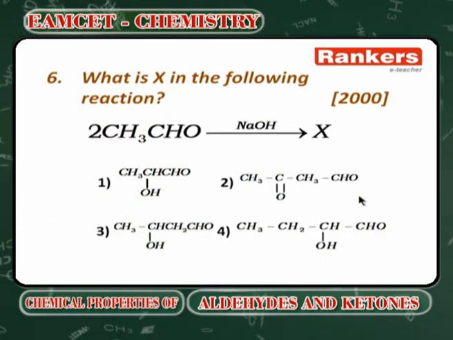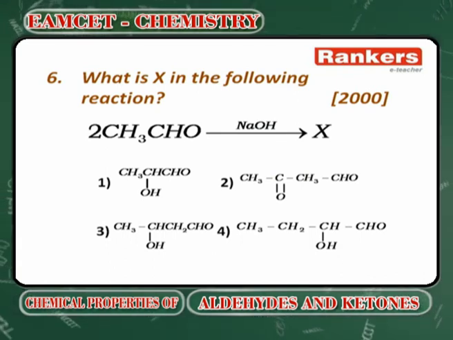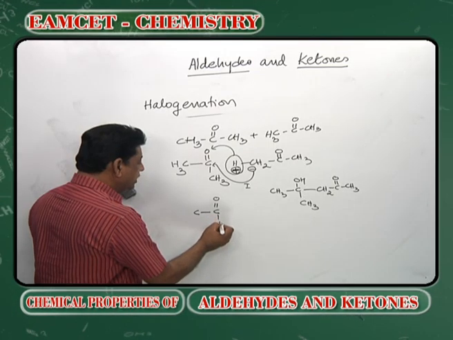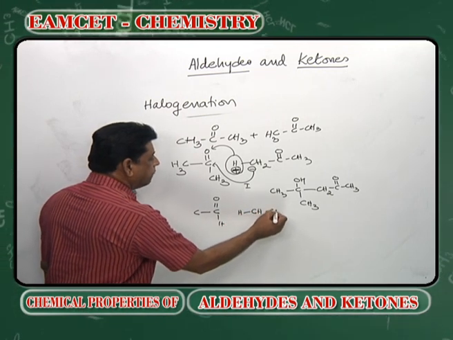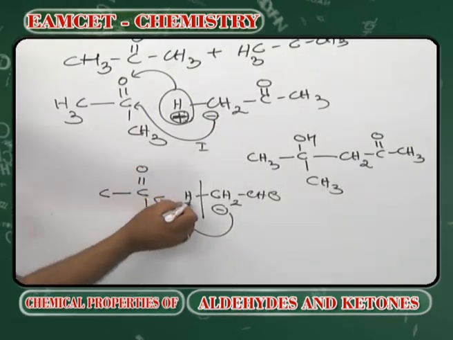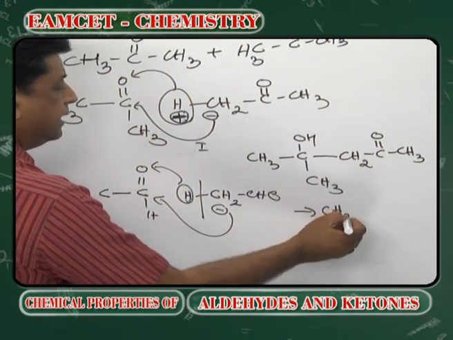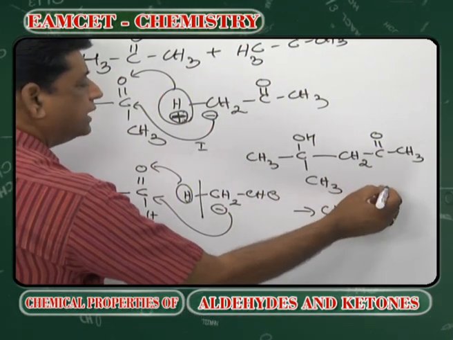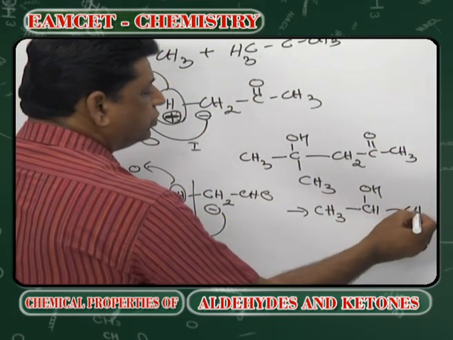What is X in the following reaction? Acetaldehyde again undergoes a condensation with another acetaldehyde. Similar to this reaction, if you have a thorough knowledge of nucleophilic addition, you write the second acetaldehyde like this. Split it up and add the minus part on the carbon, H on the oxygen. So what you will get is CH3, the C with O will become OH, that is called aldol, and the rest CH2CHO.